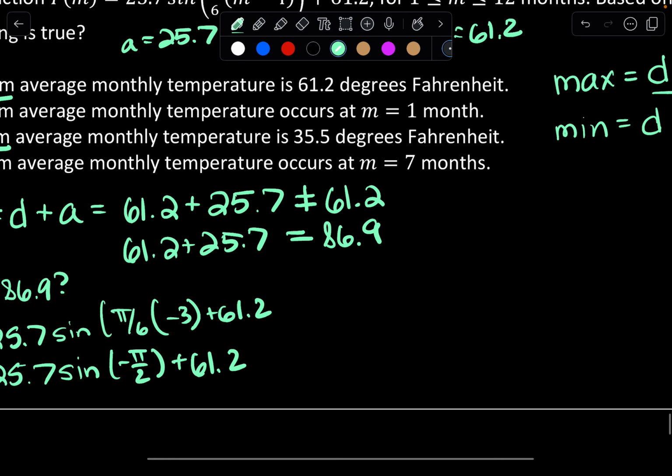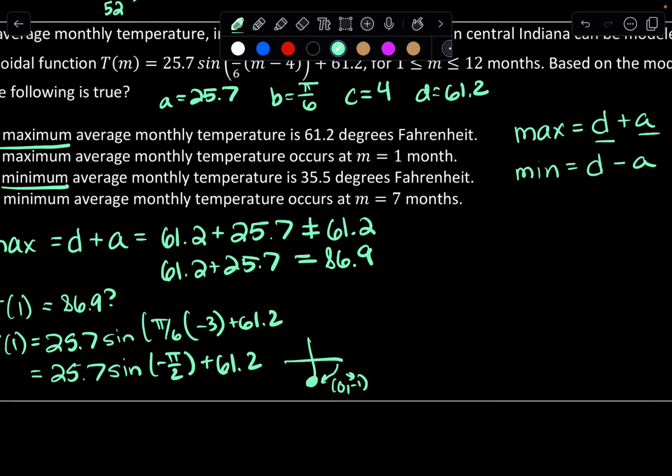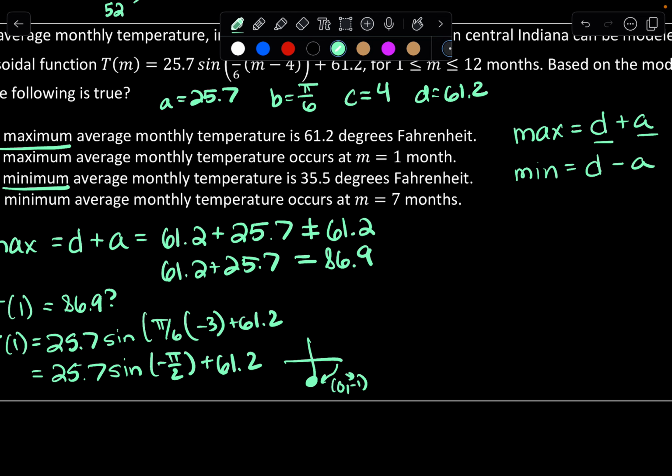If we think of our unit circle, sine of negative pi over 2 is here. That coordinate is (0, negative 1). We want the y value, so sine of negative pi over 2 will be negative 1. So that means we end up with 25.7 times negative 1 plus 61.2.